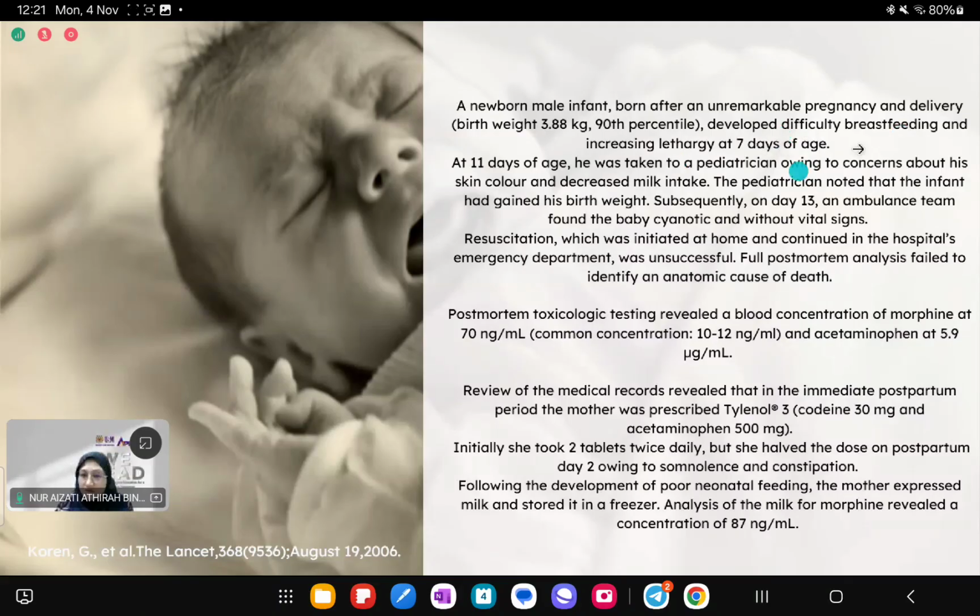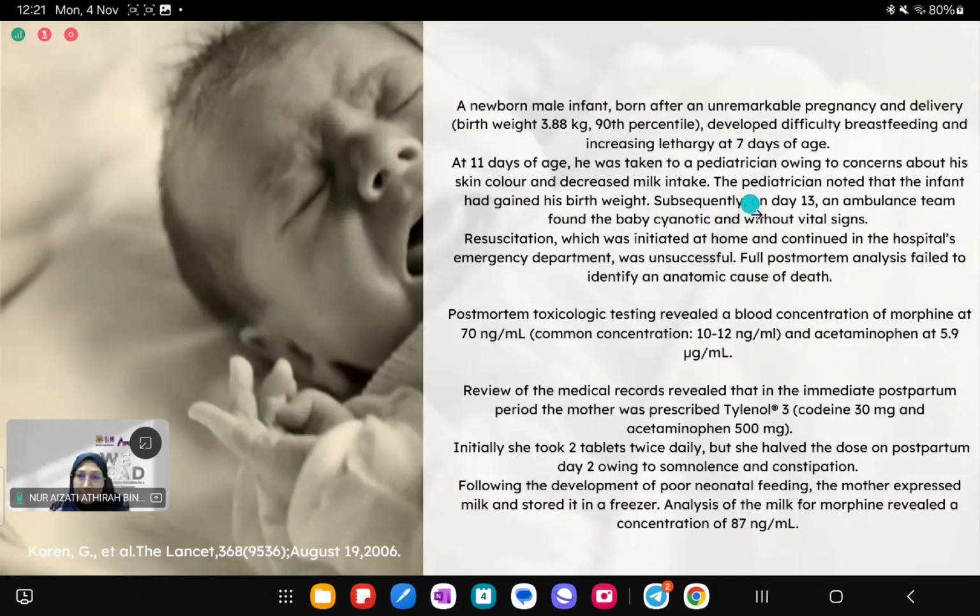At 11 days of age, he was taken to a pediatrician because of concern about his skin color and decreased milk intake, meaning he was not feeding much.